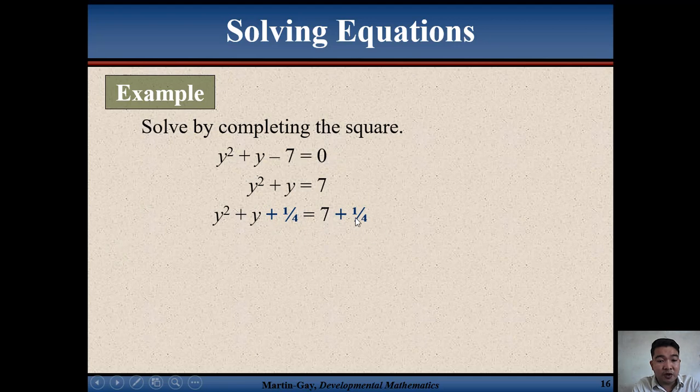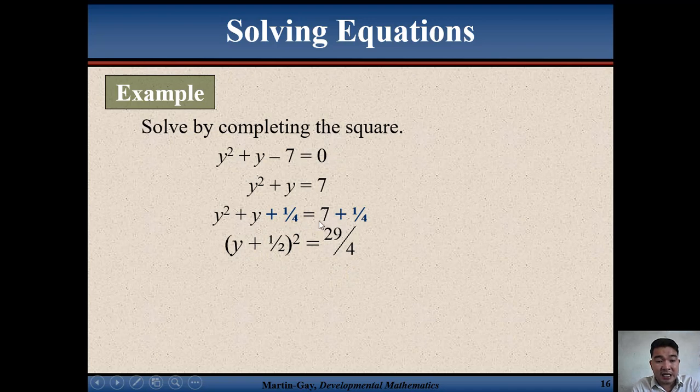Then simplifying, we get the factor of y squared plus y plus 1/4, and that is equal to y plus 1/2. The quantity y plus 1/2 squared is equal to 29 over 4.